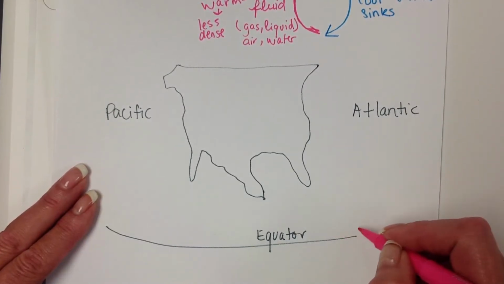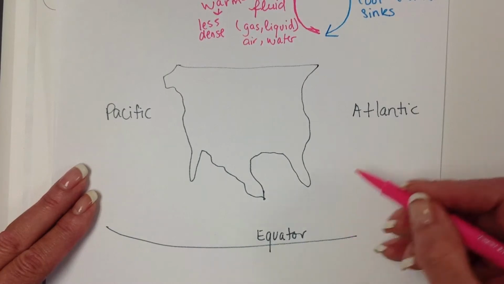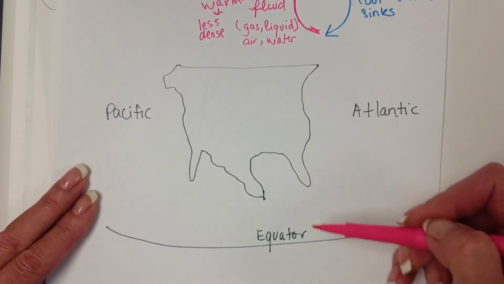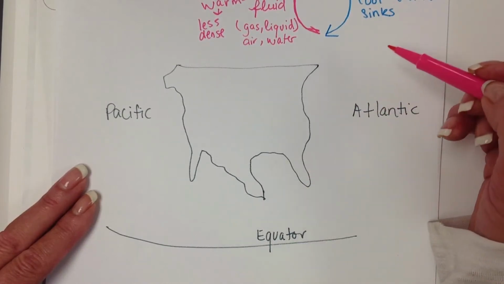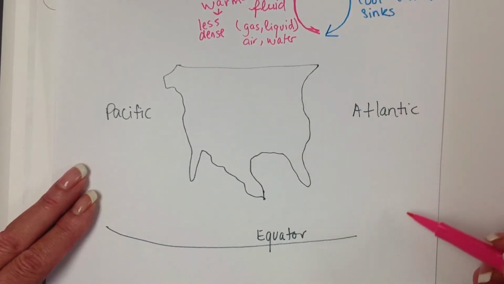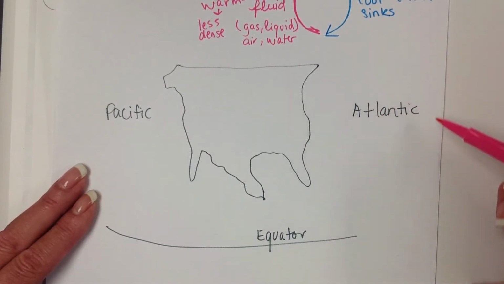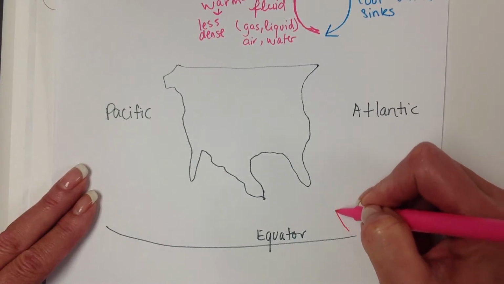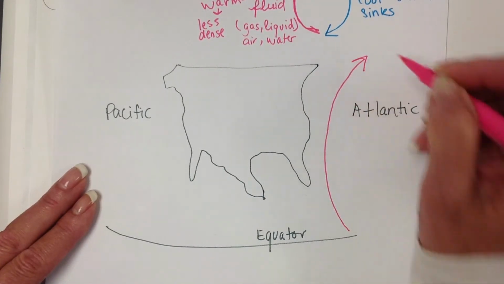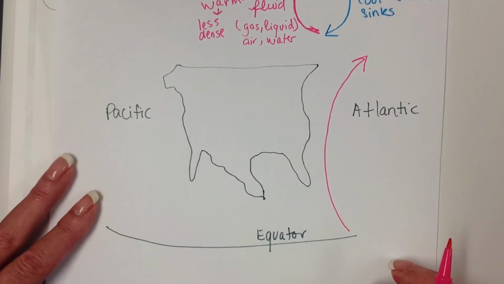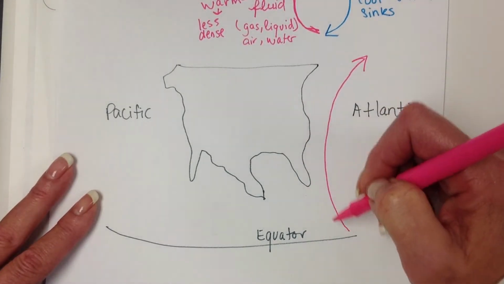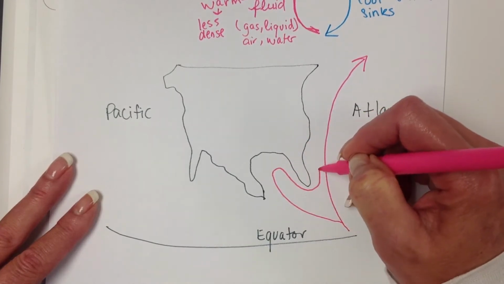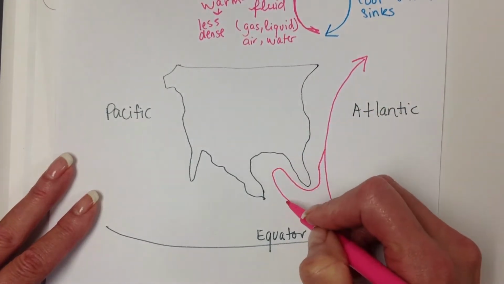So here's warm. This is inside the ocean. This is where warmer water would rise and actually go towards the pole. Cooler water at the poles would sink. Now these convection currents are all over the world in all oceans. So we do have one warm ocean current that goes along the east coast of the United States, and also comes in here and makes a little loop-de-loop, right?